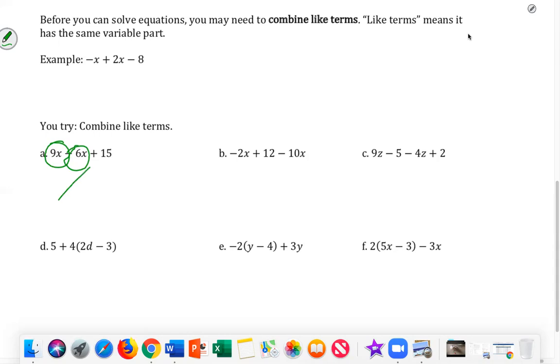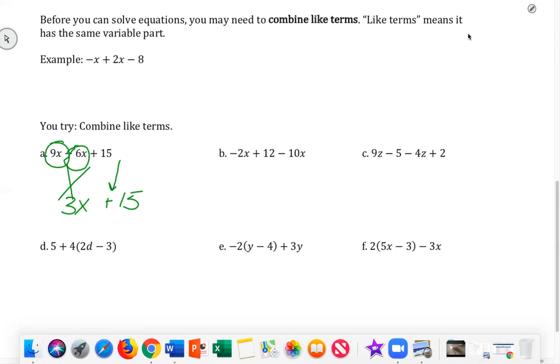So when I combine them, I get 9x minus 6x, and I get 3x. The 15 doesn't have anything to combine with, so I can just bring that down, and my answer is 3x plus 15.